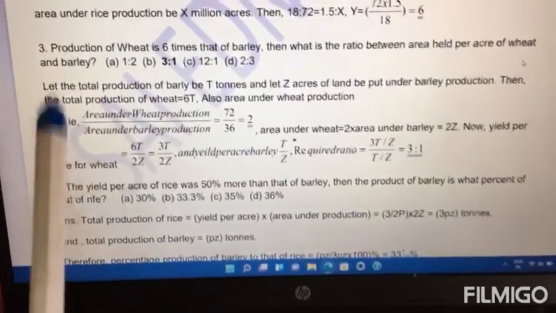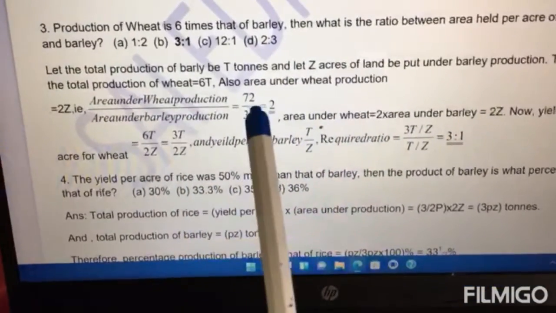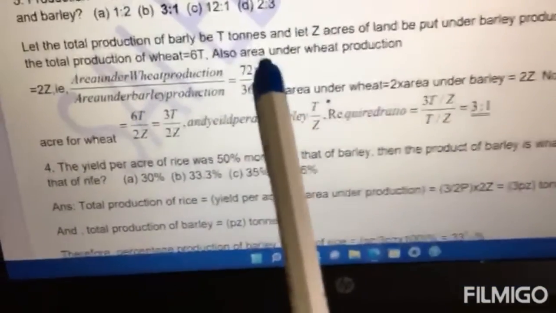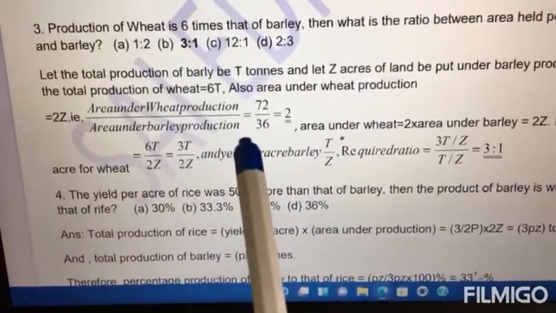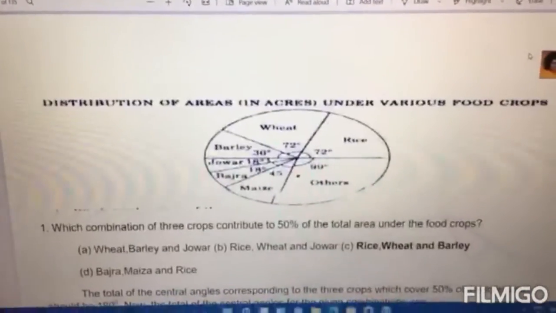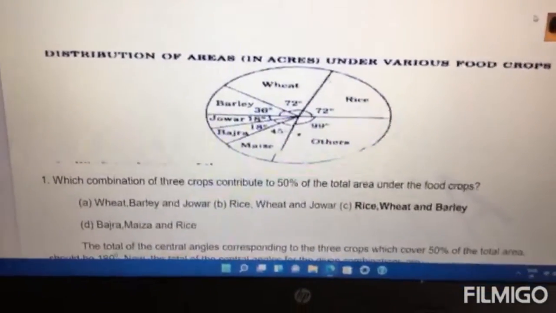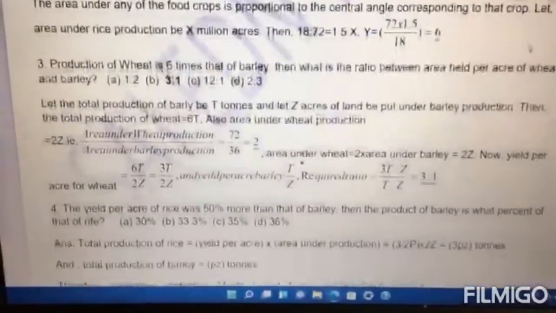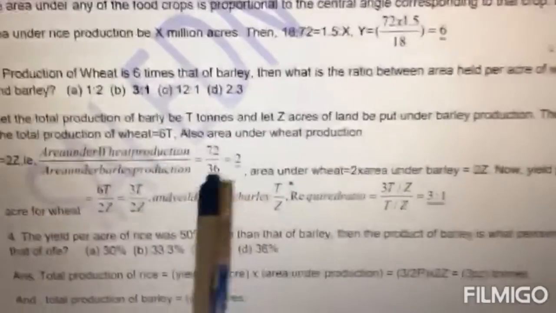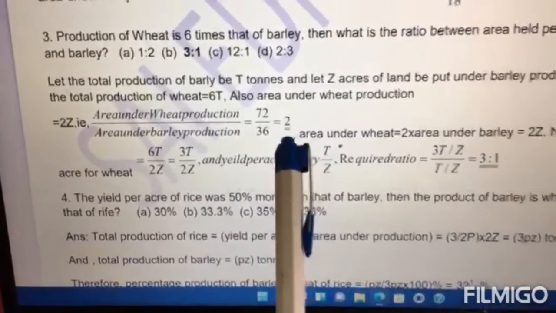How did they get 2Z? As per our pie chart, the area under wheat production forms an angle of 72 degrees and the area under barley production forms an angle of 36 degrees. So if I want to take a ratio of their areas, I will take 72 divided by 36, which gives me a ratio of 2. Okay?